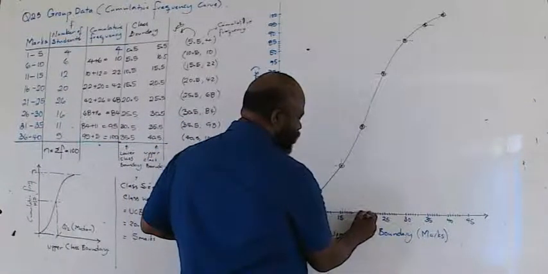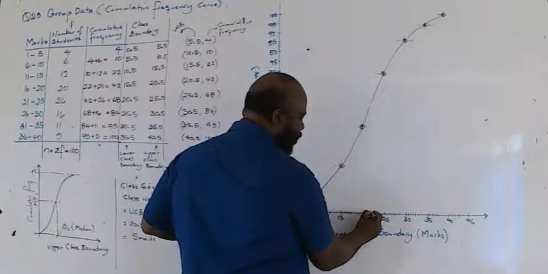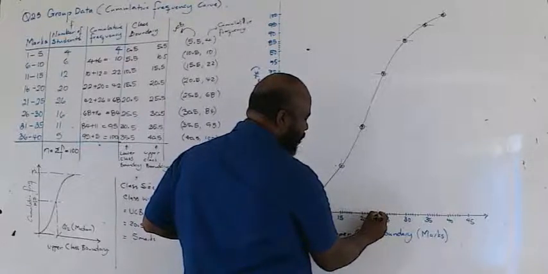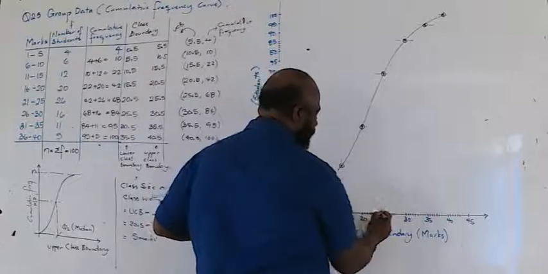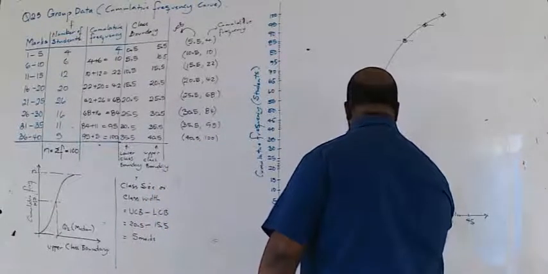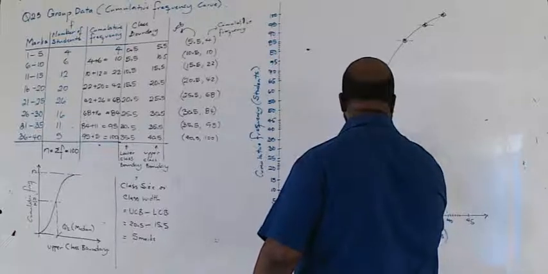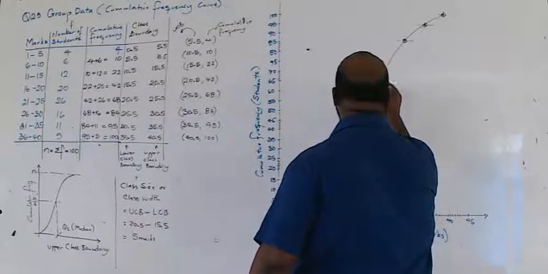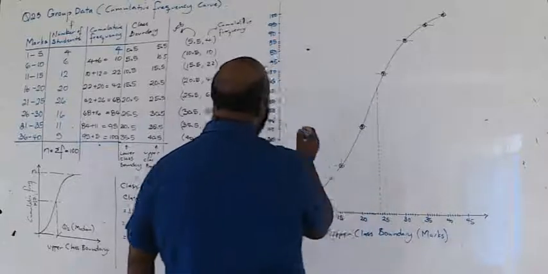Well, 20, 20.5, 21, 21.5, 22, 22.5, 23, 23.5, 24. So at 24, I'm going to go up. Then I'm going to come across.